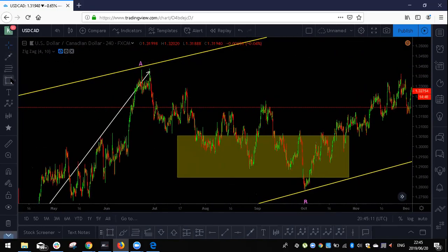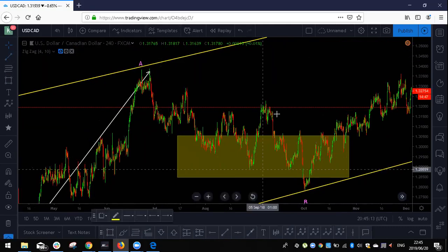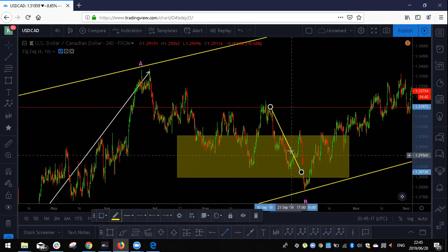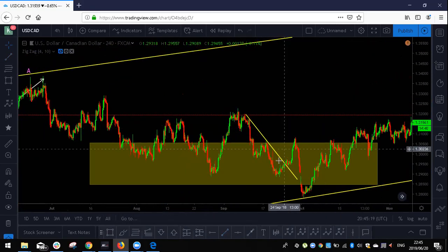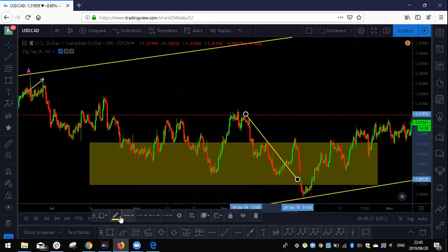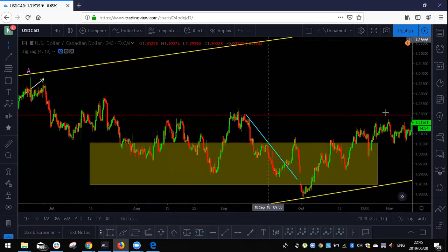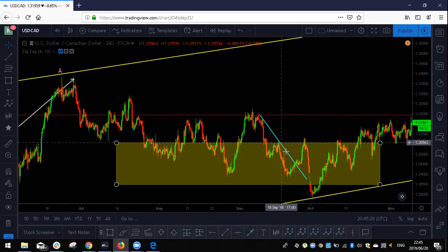Our buy trade would have been something like this. We draw a trend line. This is our inner trend line. In most cases, it comes in blue.